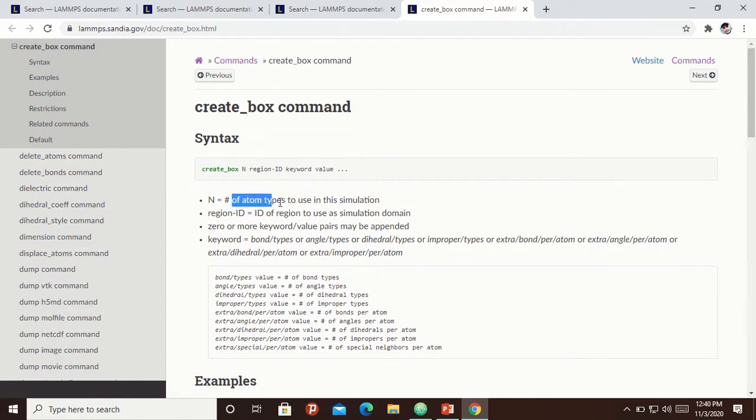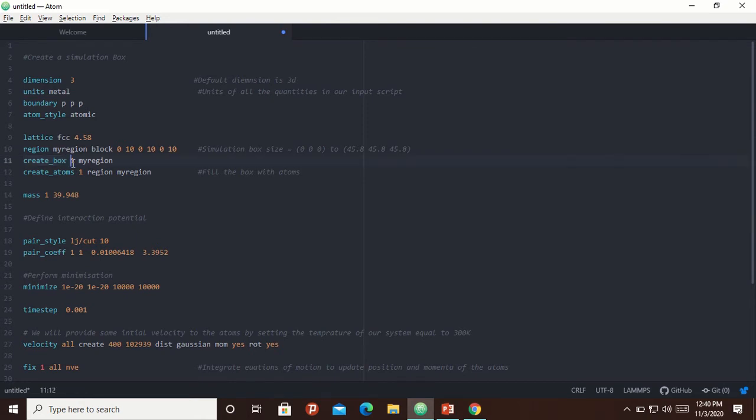It's the number of atom types to use in this simulation. So what does this mean? This means how many types of atoms you are going to use in the system. In my case, I am going to use argon, so there is only one type of atom.